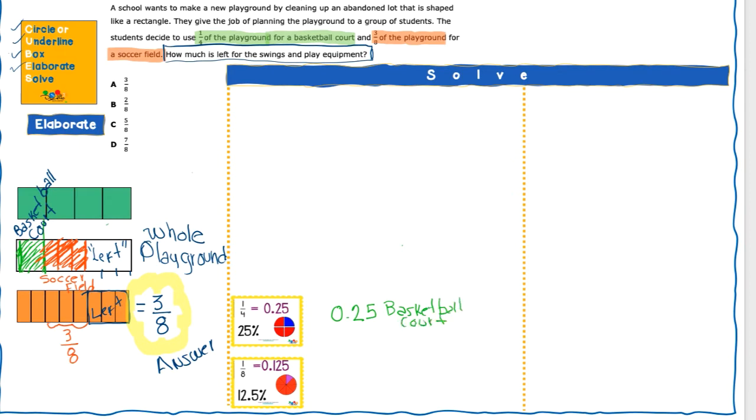Great. And for the playground, it says that they use 3/8. So if my flashcard says that 1/8 is 0.125, what would it be for 3/8? Can you see it here?